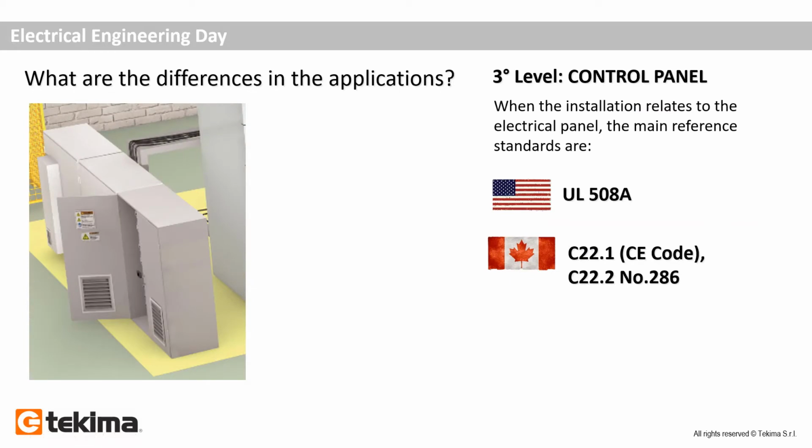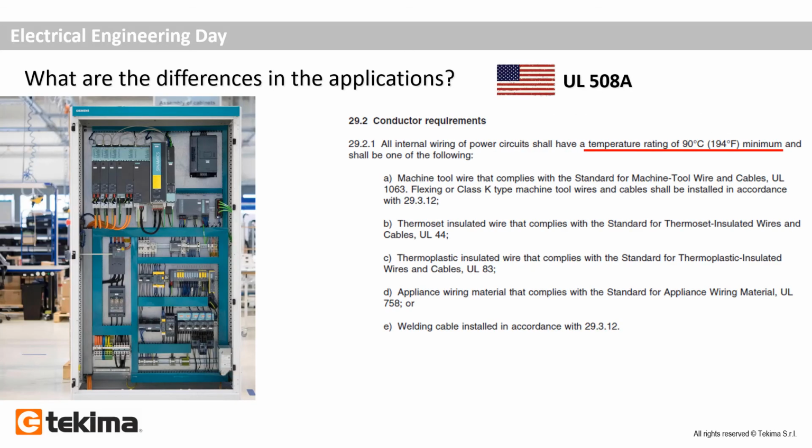In the control panels, again, one main standard, UL 508A for the USA, and two standards, C22.1 and C22.2 number 286 for Canada. What is the requirement for cable inside the panels?